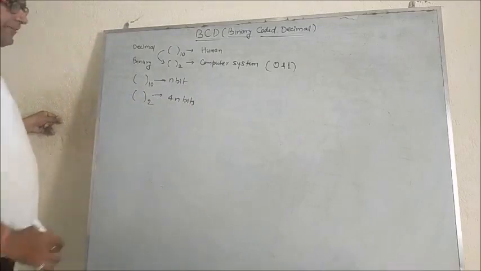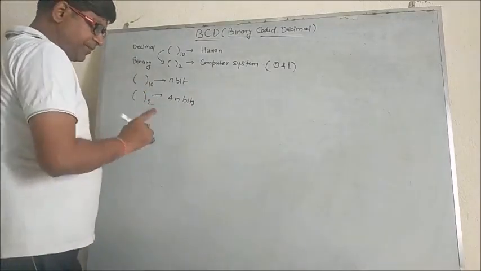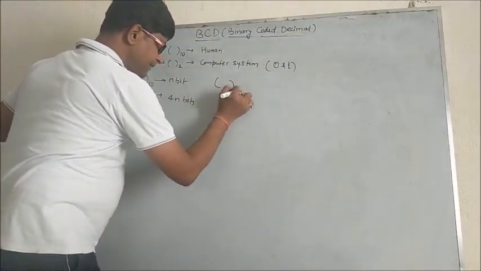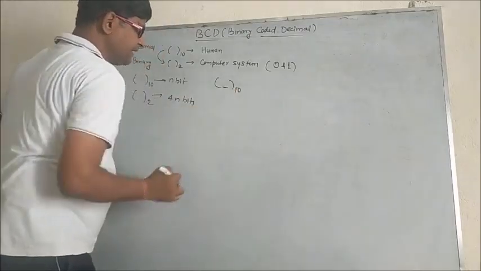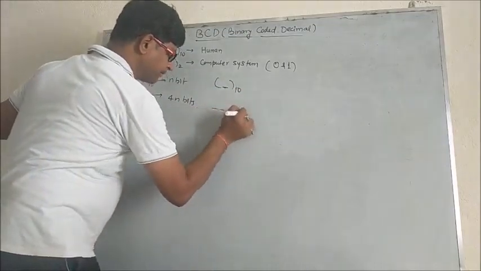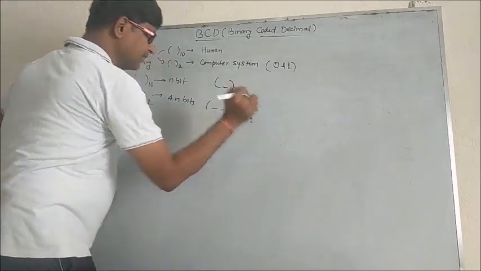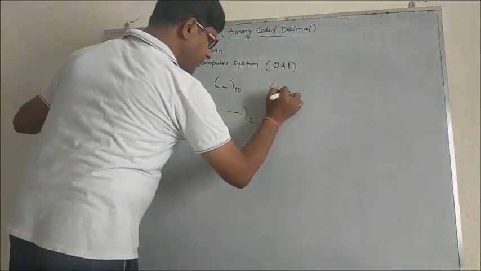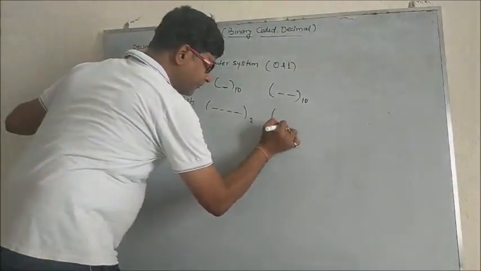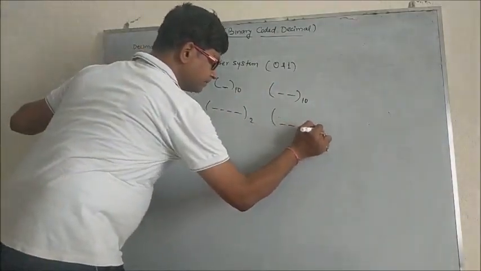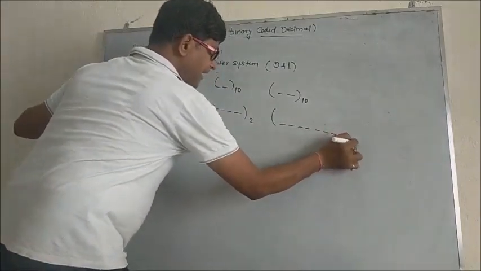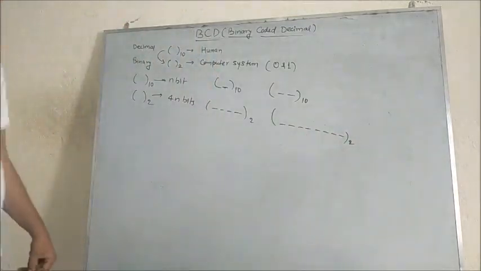For example, if the decimal number is a single digit, then for the binary representation we must have 4 bits, right? If we have 2 digits in the decimal number, then we have to have 8 bits: 1, 2, 3, 4, 5, 6, 7, 8, right? And in this way it works.